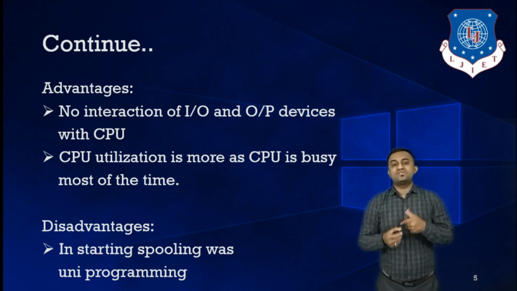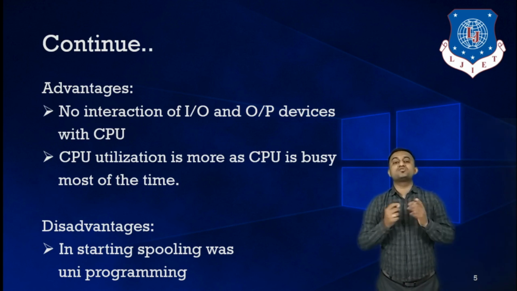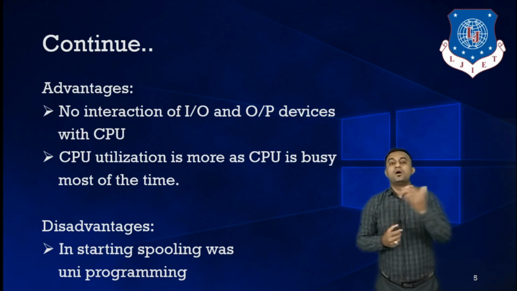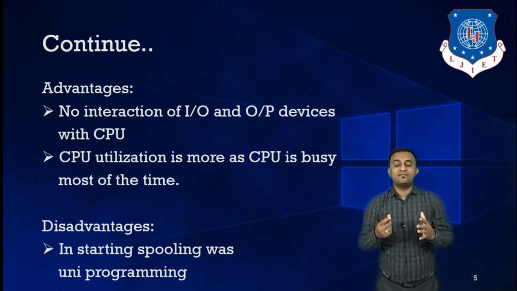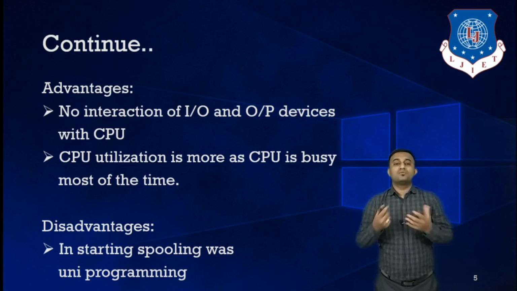Context switching cannot be possible, or we say forceful preemption cannot be possible in the case of spooling. So if any process during its execution requires some other operations, at that point of time the CPU would be idle. So that time we cannot utilize. Okay. So this was the main disadvantage of spooling.